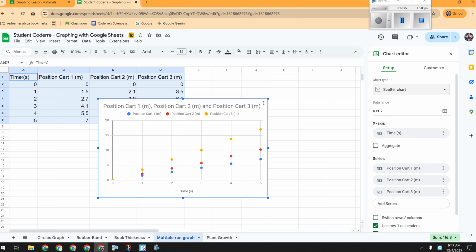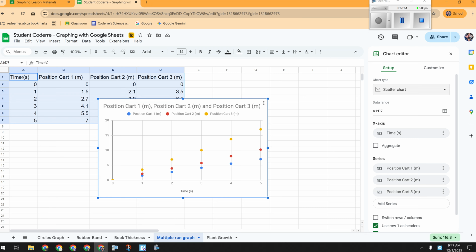Each car has its own set of colored dots, exactly what we want. So now we're good, except what's missing from the y-axis? There's no label and no units. So I'm going to have to put that in.